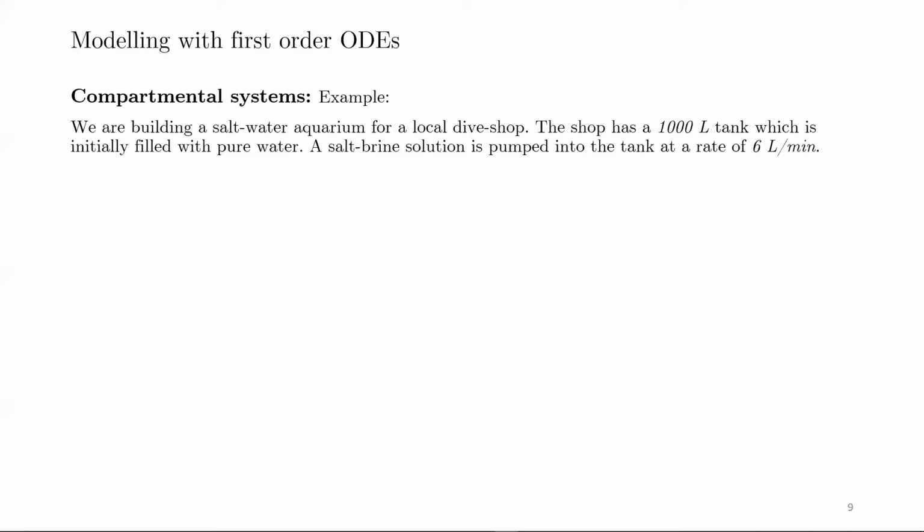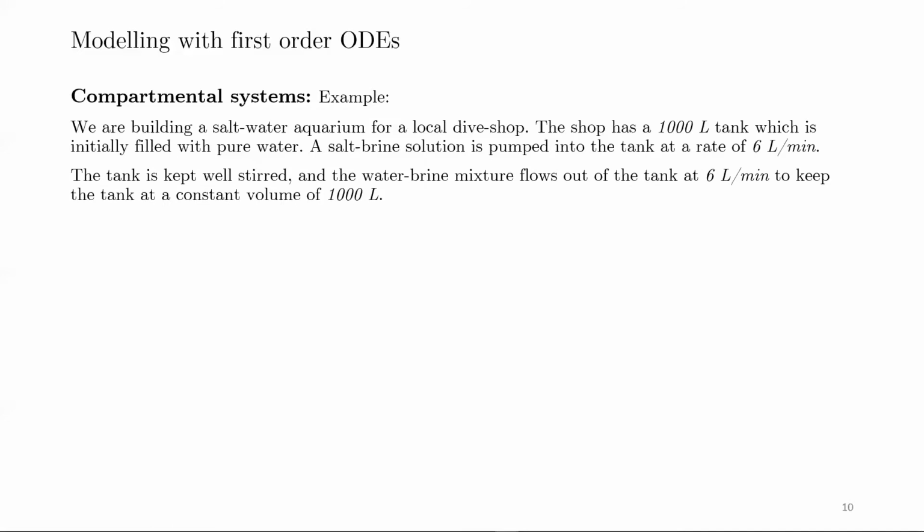So they pump a salt brine solution into the tank at a rate of 6 litres per minute. The tank is kept well stirred, so we can assume that if we test the saltiness at any point in the tank, it's equal. That's what we mean by well stirred. The salt gets well distributed throughout the tank.